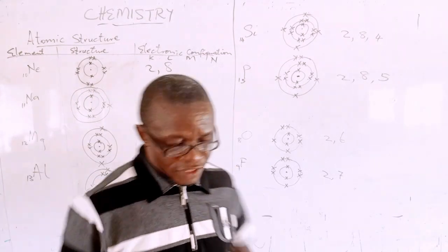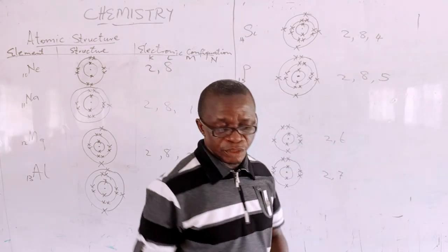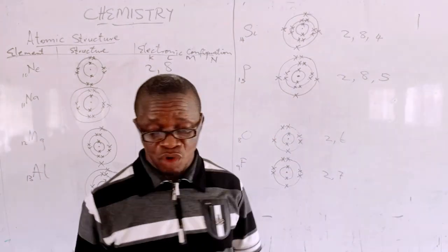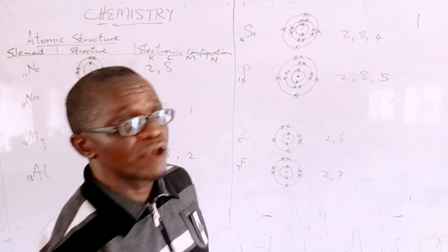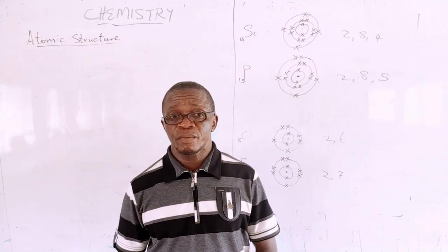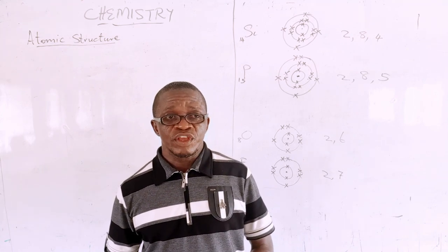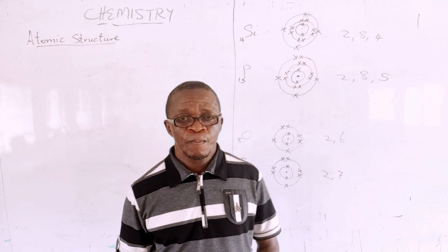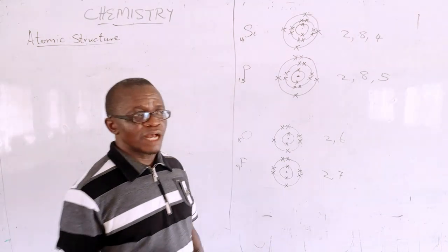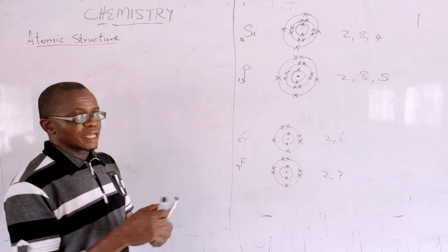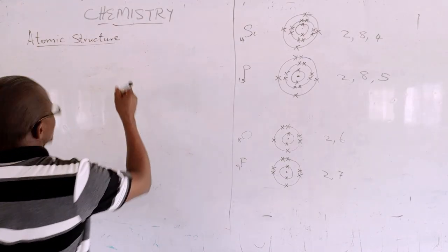Now, having known all these electronic configurations, the next thing we are going to consider today is isoelectronic ions, having different atomic numbers but with the same electronic configuration. For example, helium has atomic number 2, electronic configuration 2.